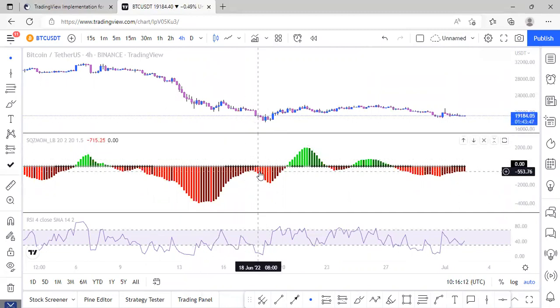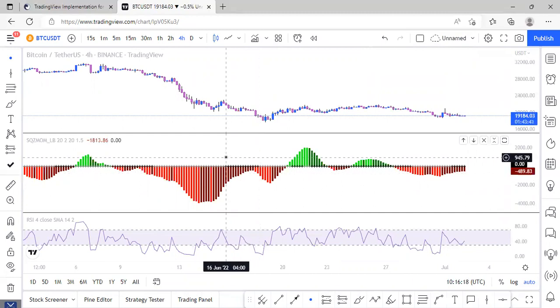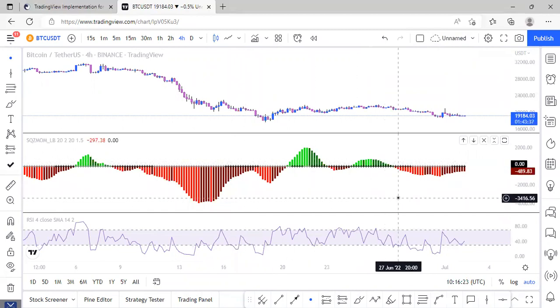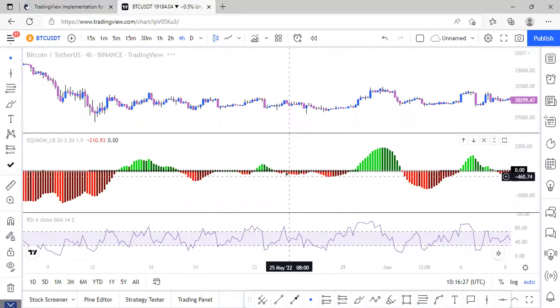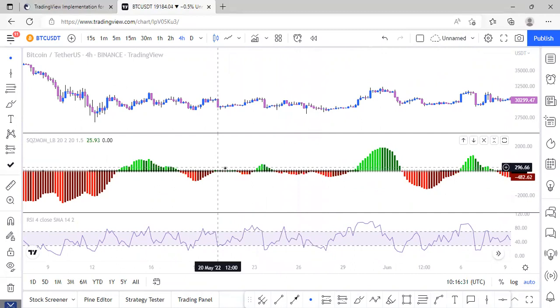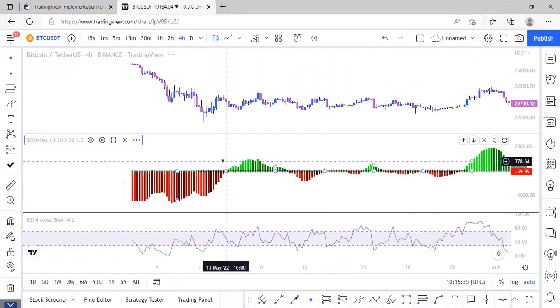Notwithstanding, the market can always continue. As with most indicators, they lag, but this indicator has the capacity to tell you if the market is ranging or if there is momentum. If the market is ranging, sometimes you see the histogram in a straight line. Look at this, it means the market is ranging.